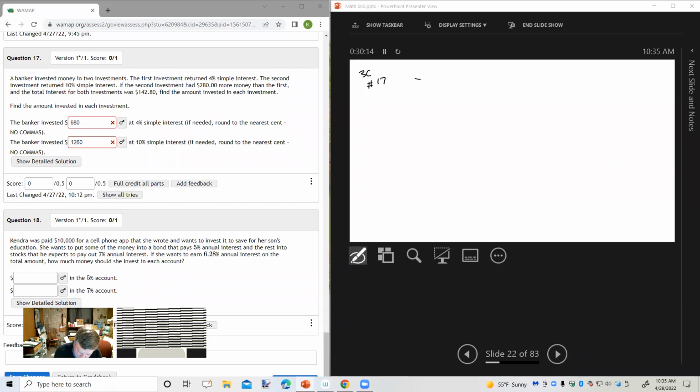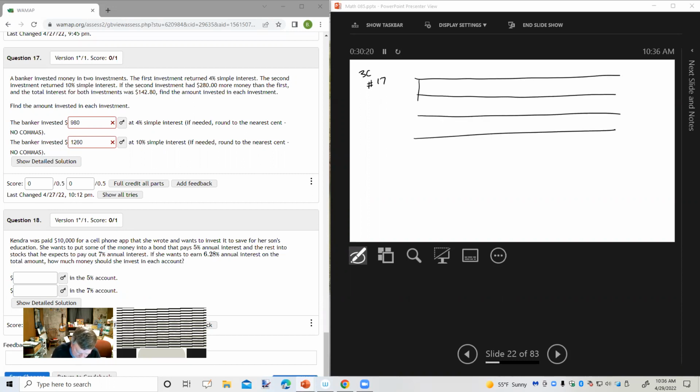All right. Let's see. We've got the 4% investment. So we'll say 4% investment and 10% investment. I know, can't read my own scribbling there.